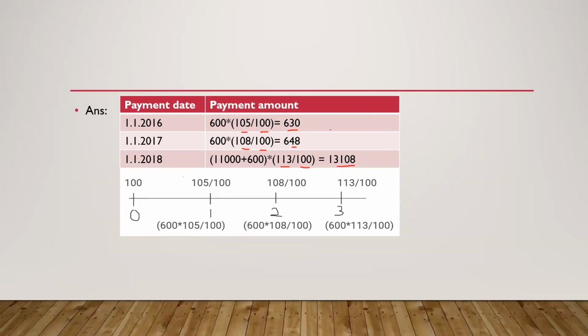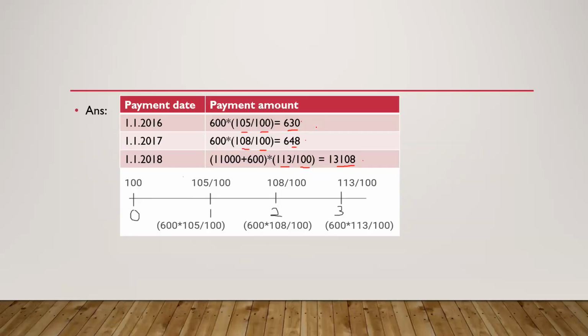So the income streams which the investor receives will be different from the actual nominal value of 600 and 11,000, and that will be 630, 648 and 13,108. So these are the amounts or the payments or the cash flows which have to be paid by the issuer to the investor.